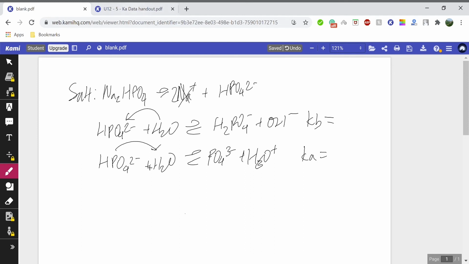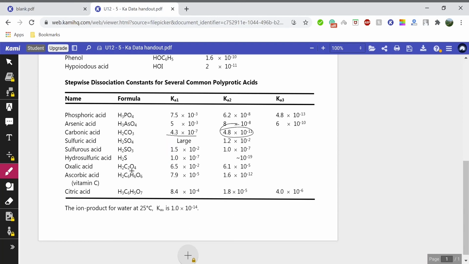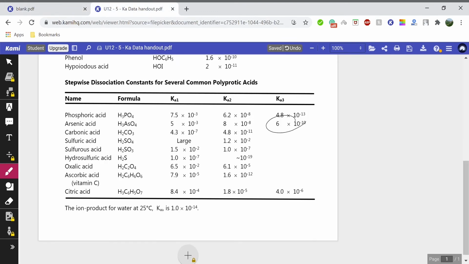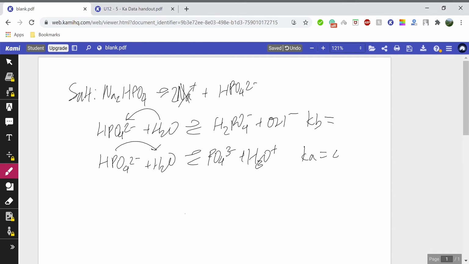The reactants and products are HPO4 2- and PO4 3-, so we look at Ka3, which is 4.8 times 10 to the negative 13th.